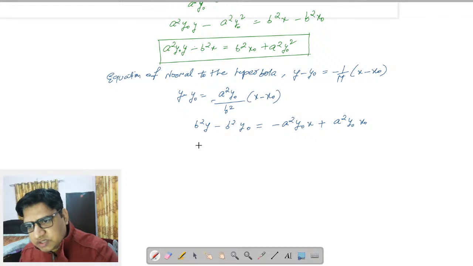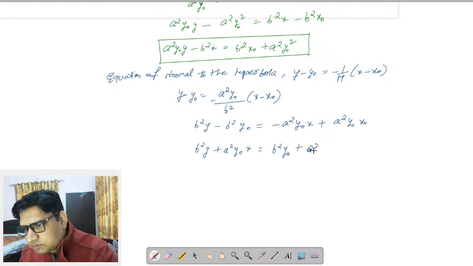So that will be b square y plus a square y naught x is equal to b square y naught plus a square y naught x naught. That is how we can solve this type of question.